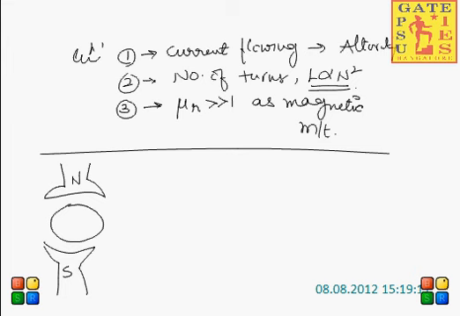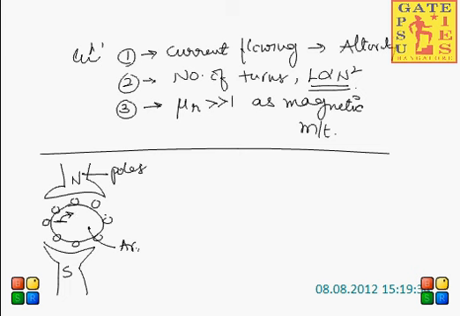Yes, here this is our armature, and these are our poles, main poles. Now upon this armature I am going to keep some conductors. And let me take this rotor is rotating in this direction.